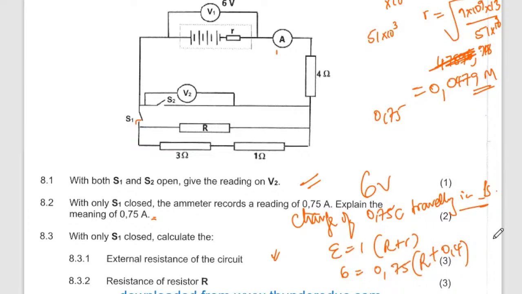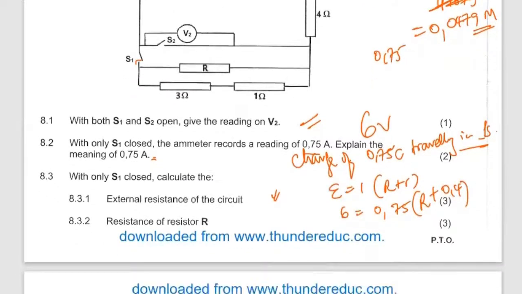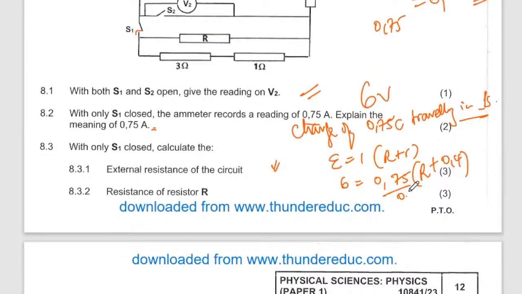Divide both sides by 0.75. 6 divided by 0.75, I'm getting 8. And then from 8, I subtract 0.4, I'm getting 7.6. So 7.6 ohms.